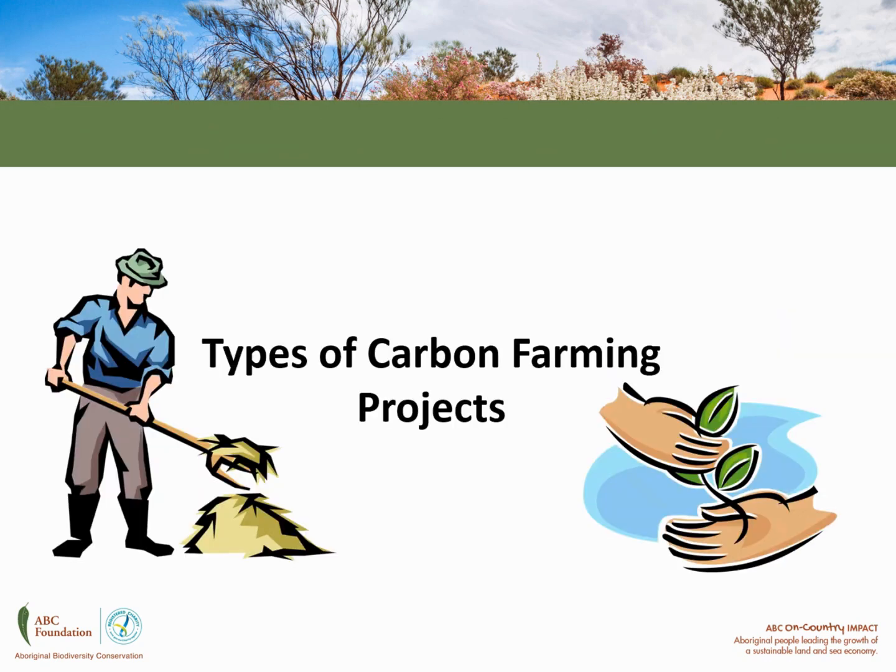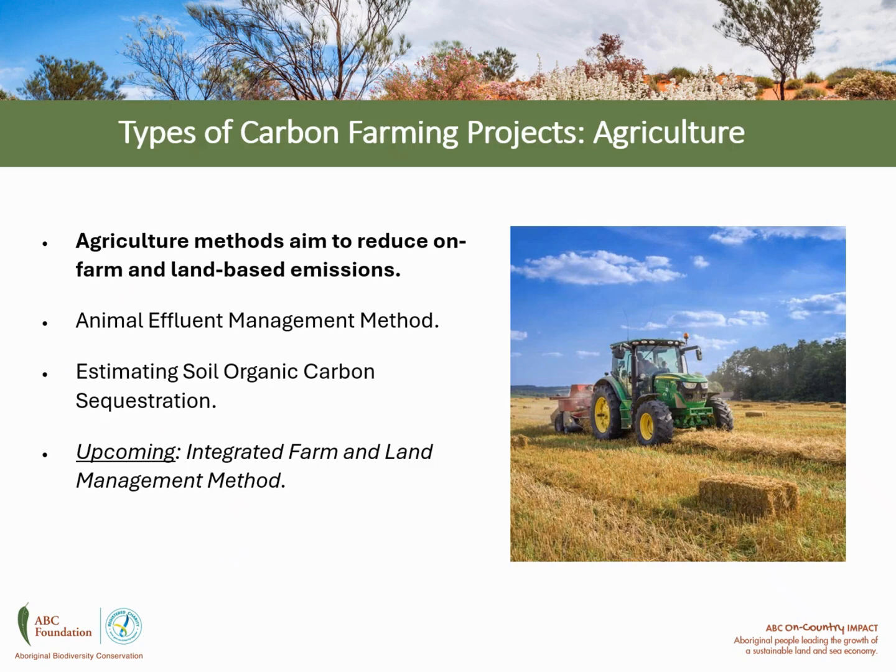So let's have a look quickly at some of the different types of carbon farming projects that you might encounter. Agricultural based ones are obviously a big one, and these methods aim to reduce on-farm and land-based emissions. Some examples of this are the animal effluent management method, which is just managing animal waste in a way that reduces its emissions.